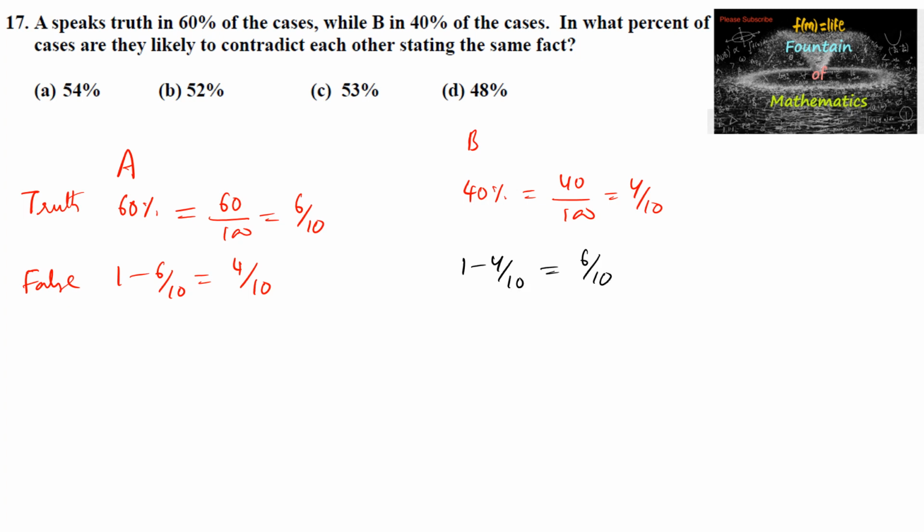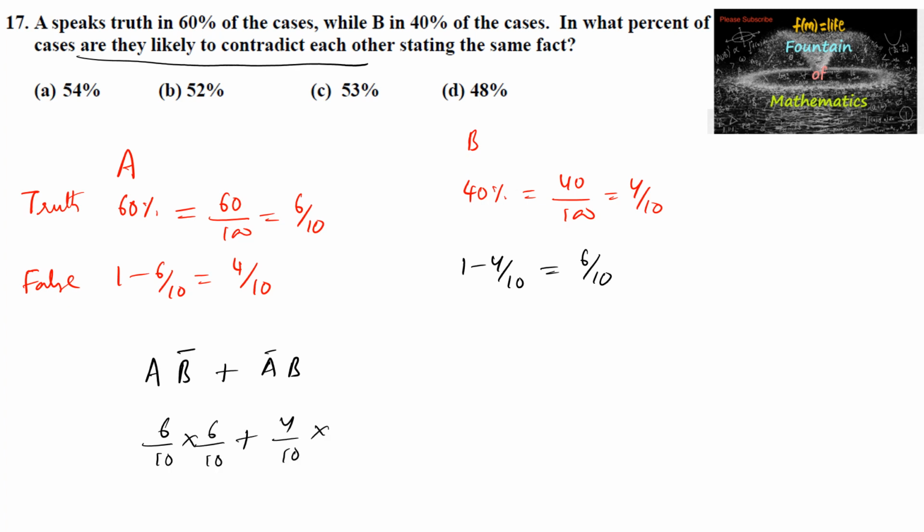And according to the given condition, both are likely to contradict each other, which means if A says truth, B says false, or if B says truth, A says false. So here A says truth is 6/10, B says false is 6/10, and A says false is 4/10, and B says truth is 4/10.